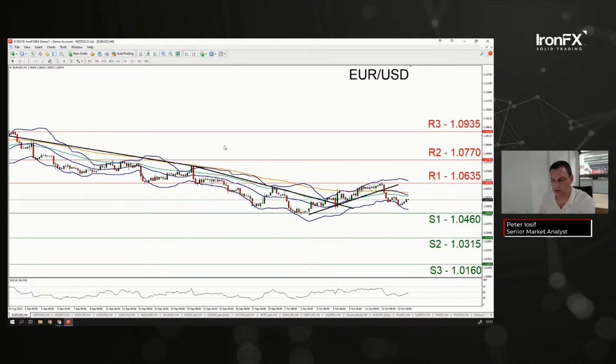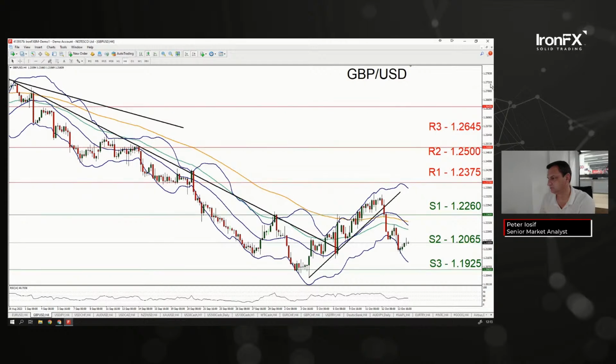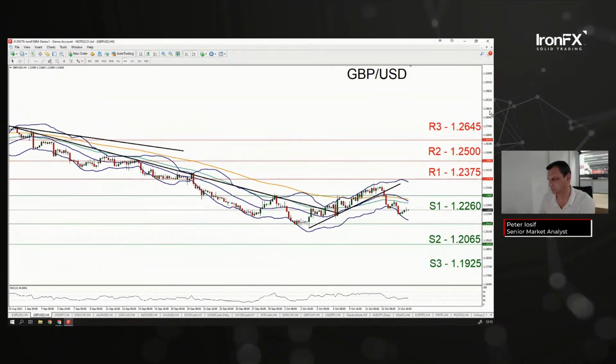Okay, let's have a look at GBP/USD. That's an interesting question here. I think we could recalibrate cable a little bit.